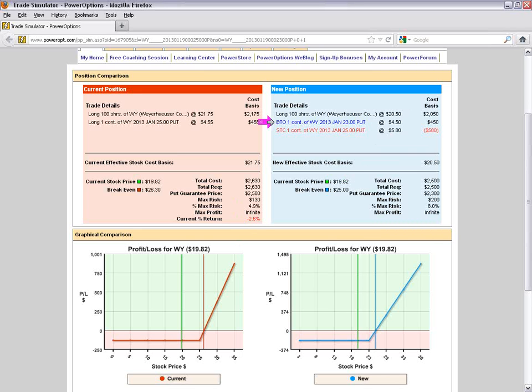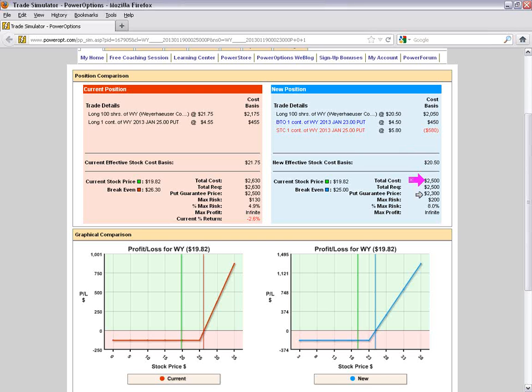Now if we make this adjustment here, the income method that we linked from, selling to close the January 25 put and buying to open the January 23 put, we see that we would have a new effective stock cost of $20.50, but now this would be a total cost of $2,500. So just the stock price has changed to $20.50. The effective stock price is $20.50, but we still have an option at $4.50.